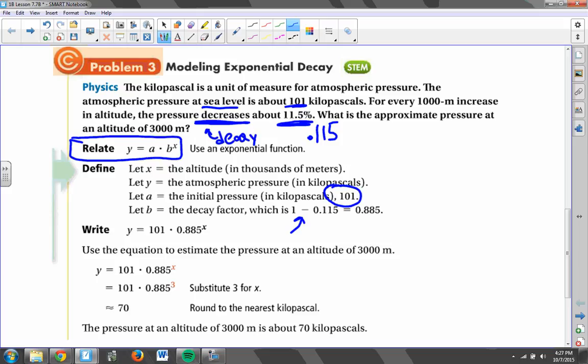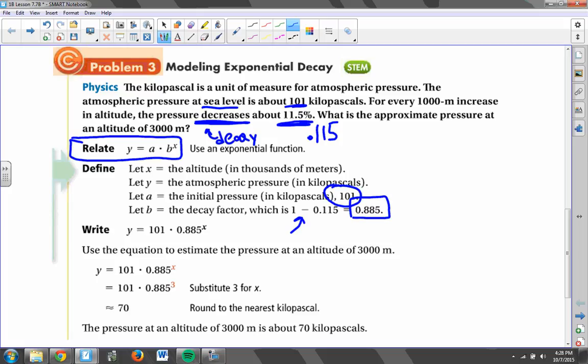Hopefully you can see why we are subtracting away this percent. So our decay factor is now a number between 0 and 1 because we started with our whole thing and we took away 11.5%. We decreased 11.5%, which means our decay factor is right here, 0.885. That's my B value, or my decay factor.